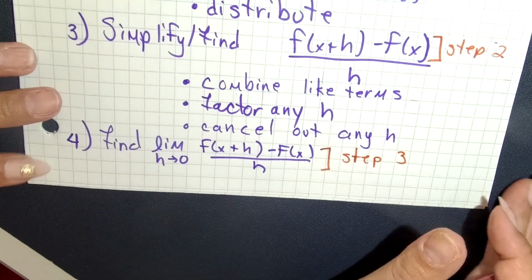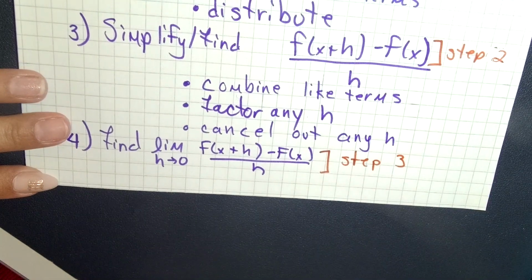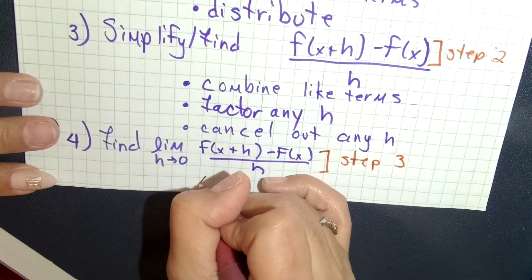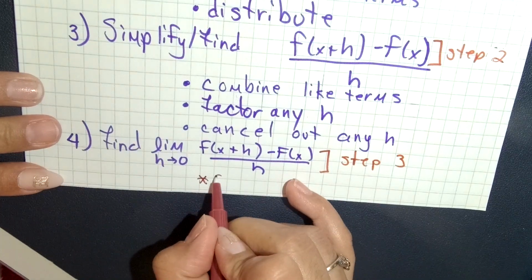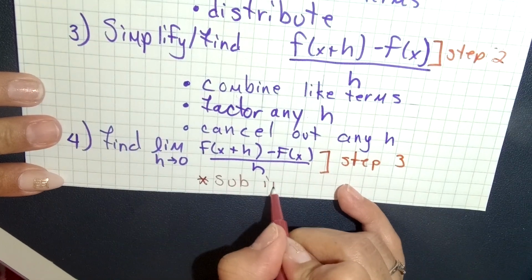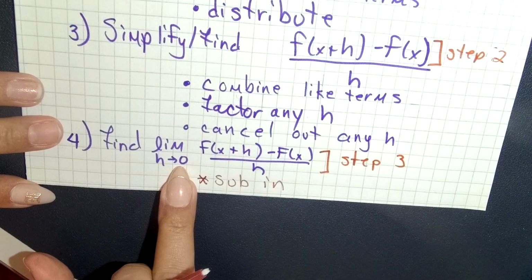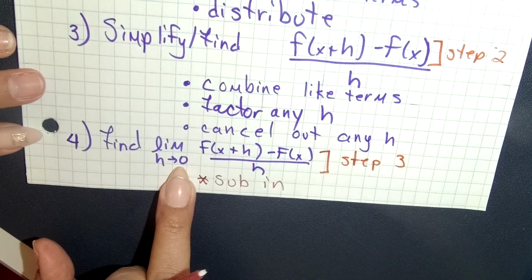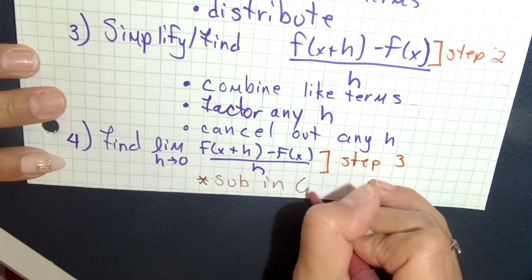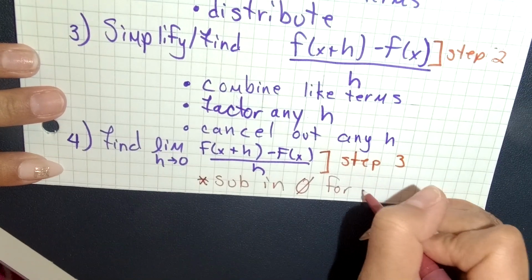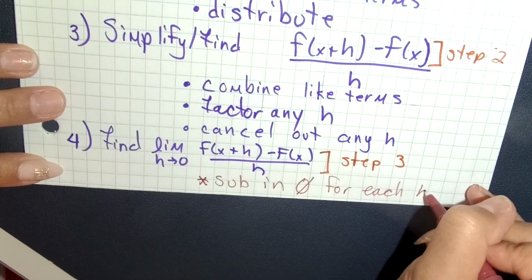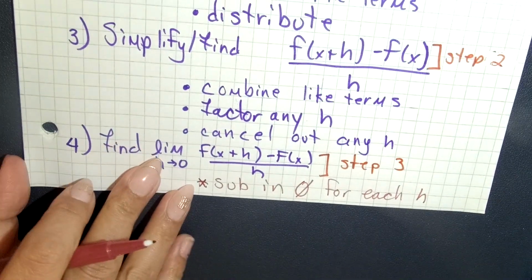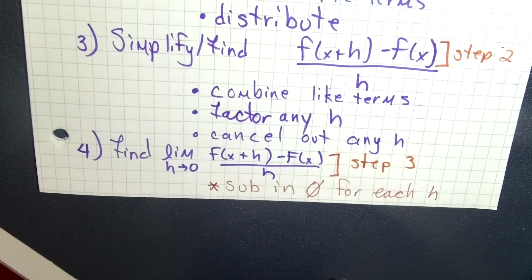Remember, to find the limit, you're going to need to sub in. What are you going to substitute in? Not O. 0. Substitute in 0 for each h. Okay? Substitute in 0 for any additional h's.